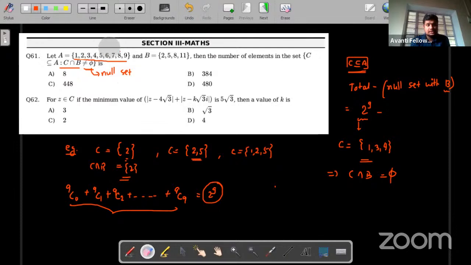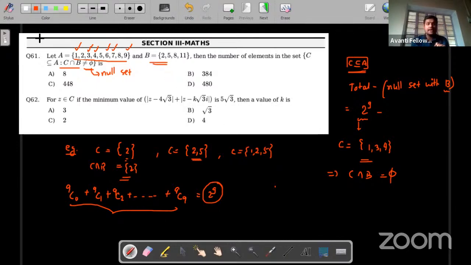I have removed these 3 now, so I cannot take these 3 elements. It means I can take 1, 3, 4, 6, 7 and 9. If I take any of these elements, I will be able to make a set such that the intersection with B should be a null set.